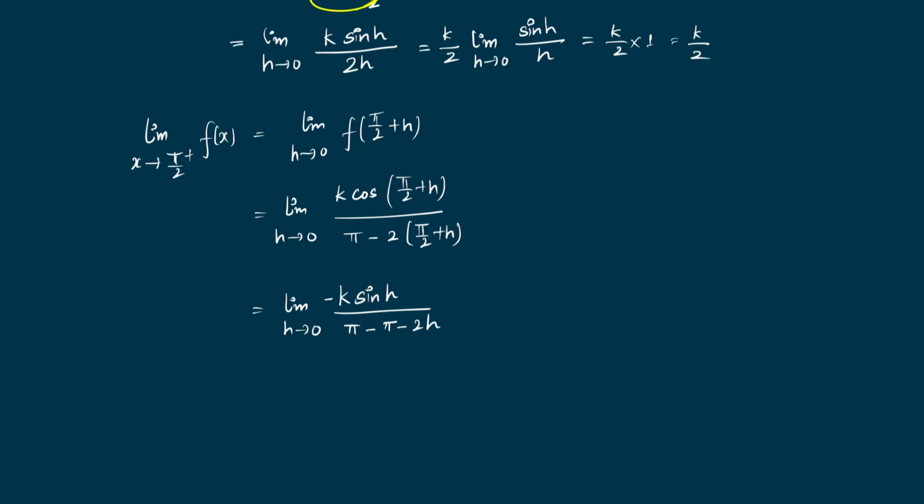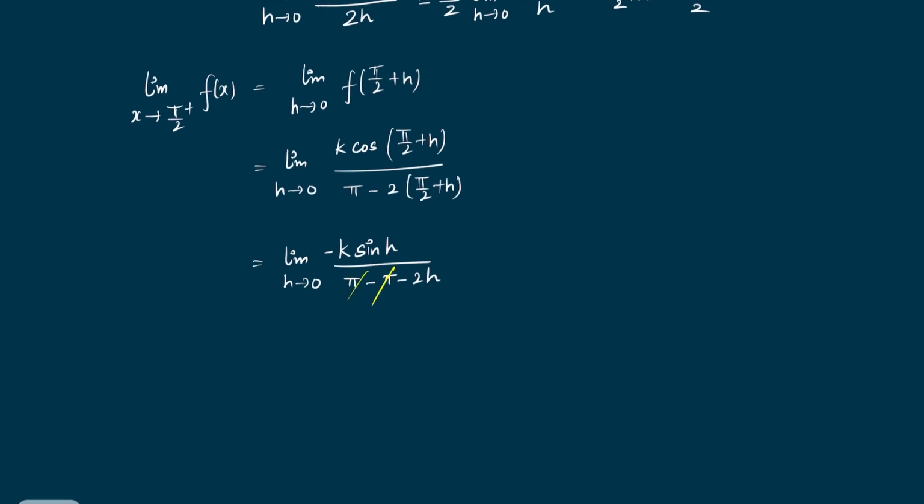So here pi and pi get cancelled, so it will be equal to limit h tends to 0 minus k sine of h by minus 2 into h. Here minus and minus get cancelled, and we have k by 2 as constant. K by 2 is constant, and limit h tends to 0 sine h by h is again 1. So here finally we will get k by 2 only.